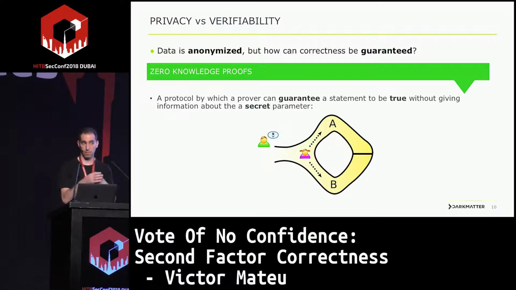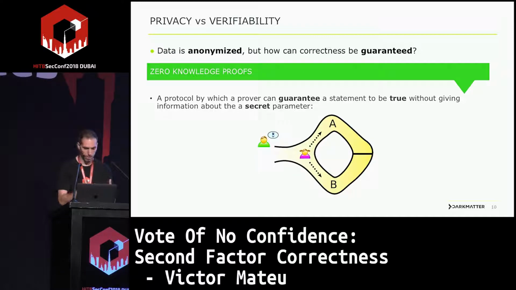So, for instance, in the mixing, what you want to guarantee is that the new set of encrypted votes is obtained from the original set of encrypted votes by applying a permutation. Why is it called zero knowledge? It's called zero knowledge because you don't leak information about the secret that makes the statement true, but only about the fact that it's true.